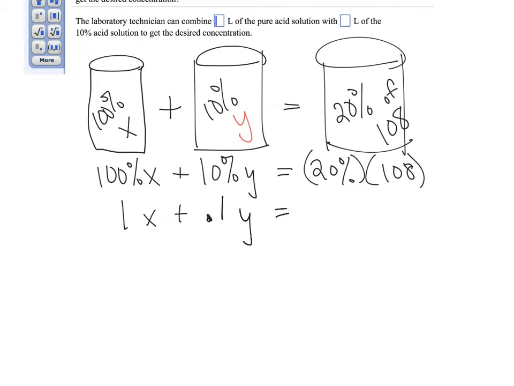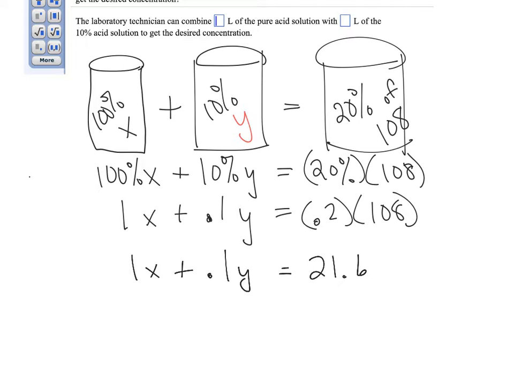And then this ends up being 0.2 times 108. All right. And then if we really wanted to make it simpler, we could multiply. And I need to bust out my handy-dandy calculator because we need to do 0.2 times 108. So 0.2 times 108, that gives me 21.6. So this is 21.6, and the left side is 100% of X plus 10% of Y. Okay, so there is our first equation.